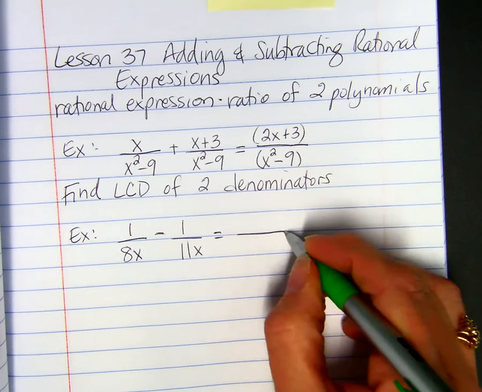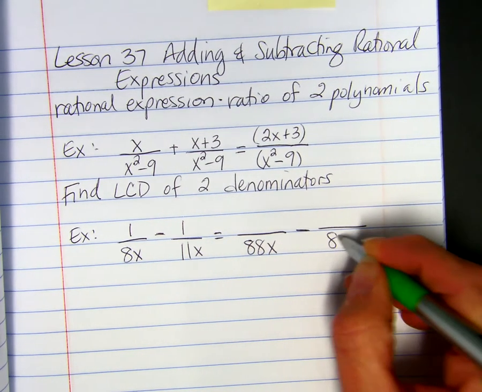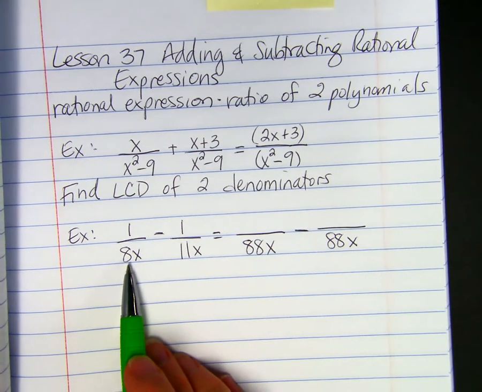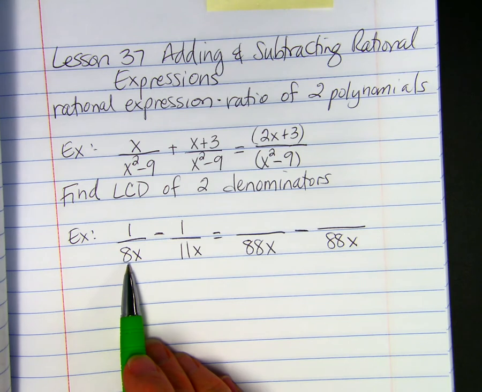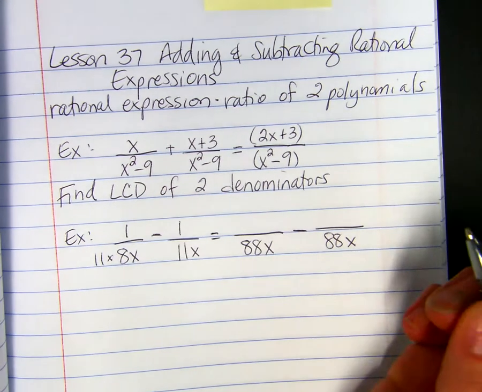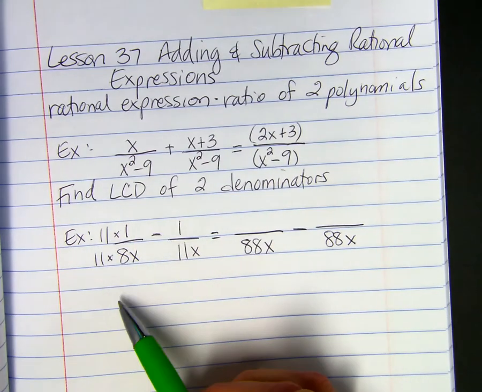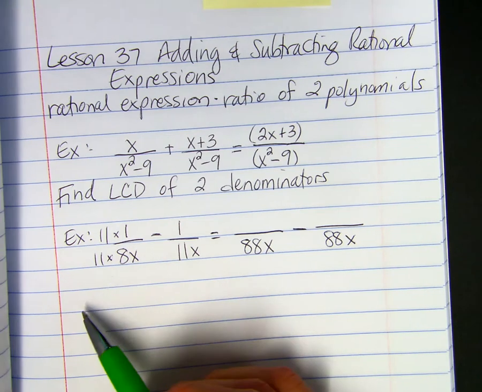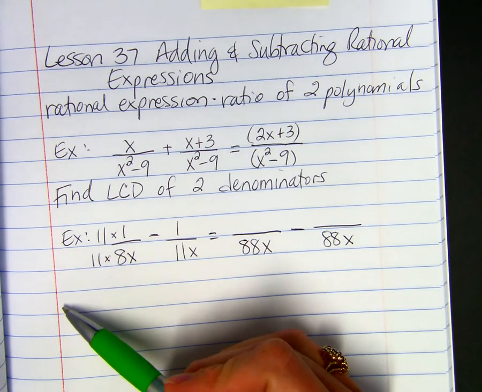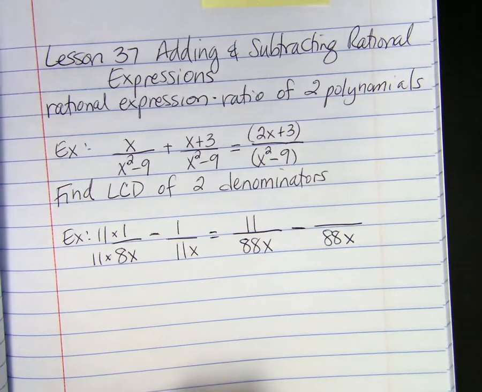So I need to change the first fraction and the second fraction to have 88x in the denominator. So I look at the first one. I have to multiply this 8x by 11. So when I multiply that by 11, I need to multiply my numerator by 11. That way I'm multiplying the whole fraction by another fraction equal to 1, and by the identity property, it will still have the same value. It will just look different.